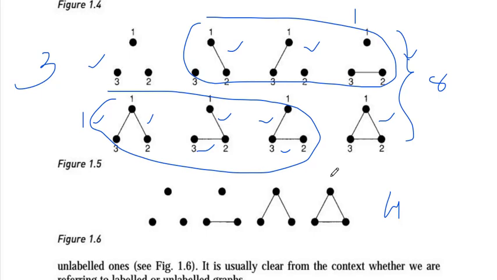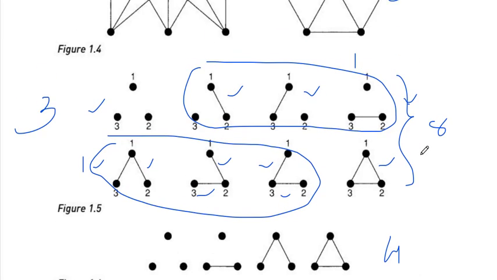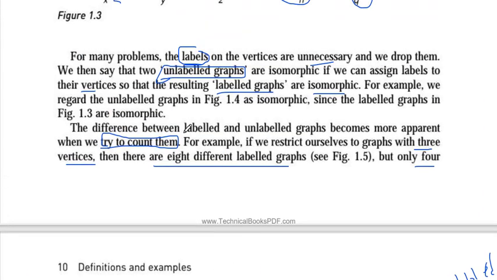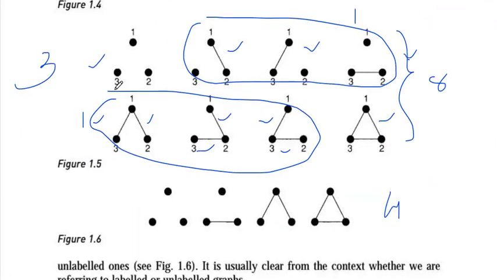If we count the number of graphs available, then for labeled and unlabeled graphs, this is the basic difference between unlabeled and labeled.